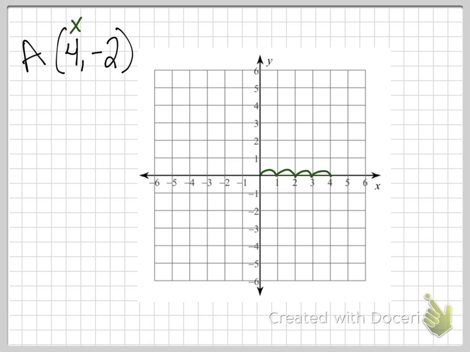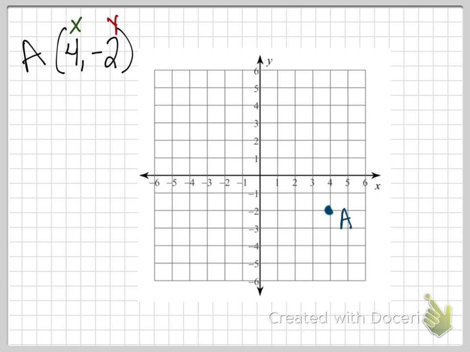Once we've moved horizontally, then we look at our y coordinate. That tells us where we're moving vertically. So from that 4, we're moving down 1, 2. Okay, once we do those movements, that's where our point is, right here. And we can label that point A.